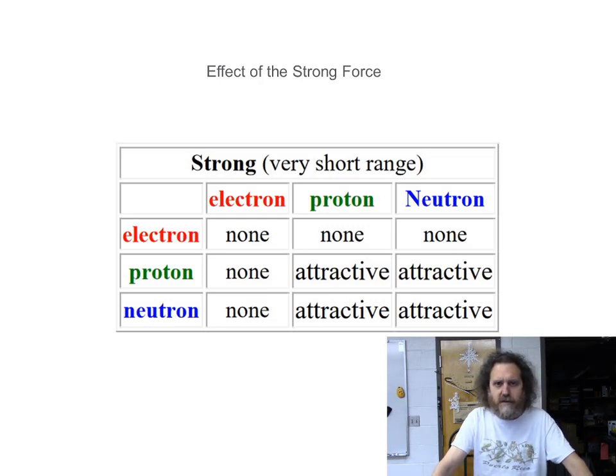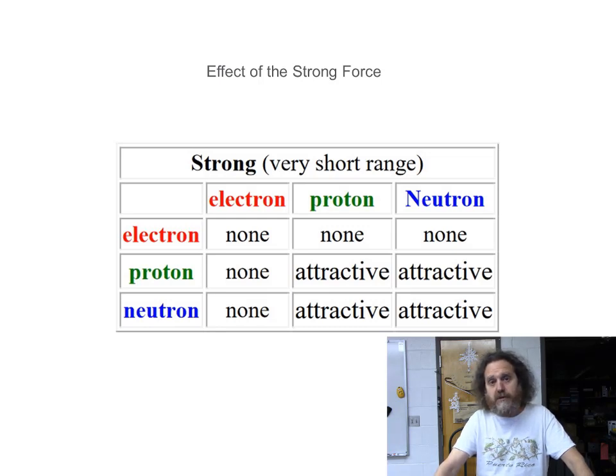So it's an attractive force between these, what are called nucleons, protons and neutrons. This force is felt between particles that have another type of charge. It's not called electric charge, they call it the color charge, although it has nothing to do with color. It's just a name. But the electron doesn't have that type of charge, and so it doesn't experience that force. But this is what holds these particles together.